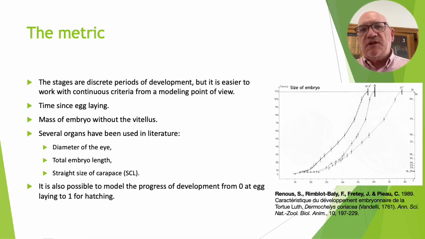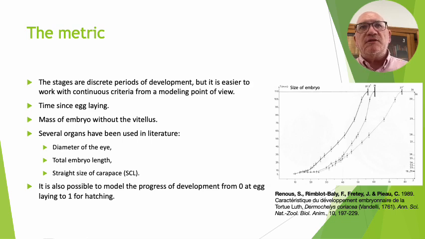The continuous criteria that we can use can be the time since egg laying, the mass of the embryo without the vitellus, of course. Several organs have been used in literature, for example, the diameter of the eye, the total embryo length, or the straight carapace length, SCL. It is also possible to model the progress of development from 0 at egg laying to 1 at hatching.